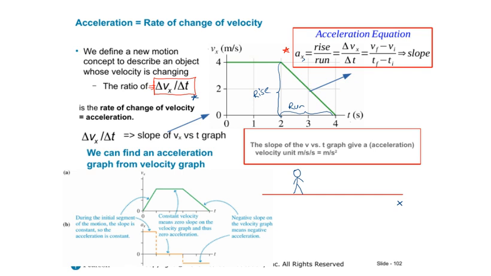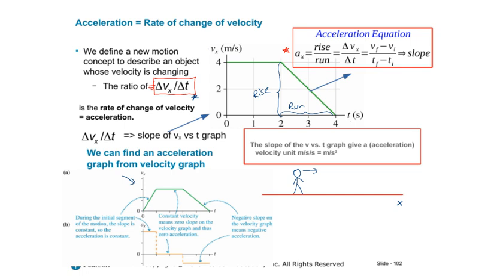This would be my rise, right? And this would be my run. That's my acceleration. Notice, if I'm calculating the acceleration for this part, it would be negative because the slope is negative. I'm already getting some information, right?